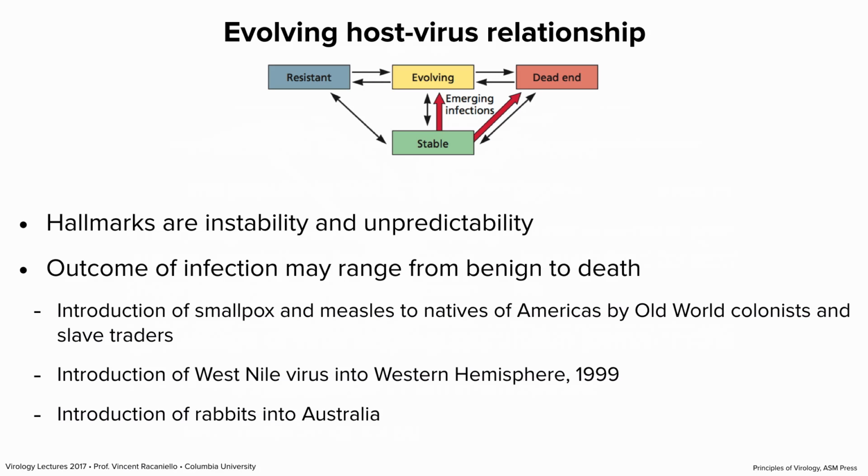Evolving, again, is an example of a zoonotic infection where a virus changes hosts. The interaction is unstable and unpredictable. Sometimes nothing happens. There's no symptoms of infection. Sometimes the individuals die. Some good examples that illustrate this, there are just many, many, many examples of it, not just Ebola, but introduction of smallpox and measles to natives of the Americas by old world colonists and slave traders long, long time ago.